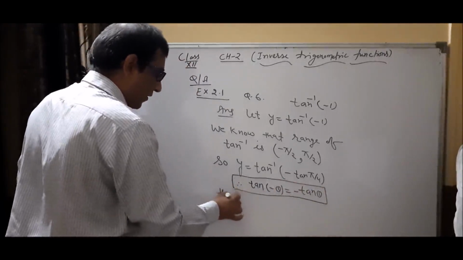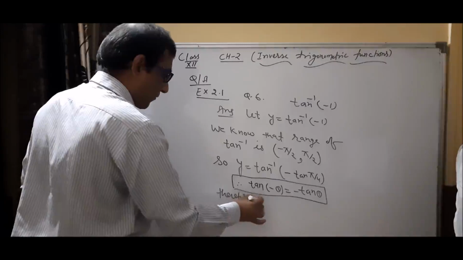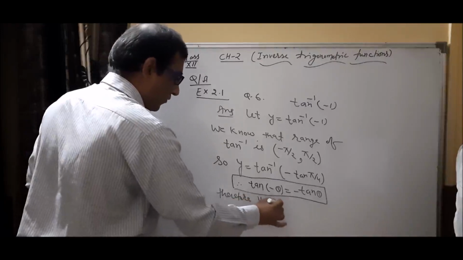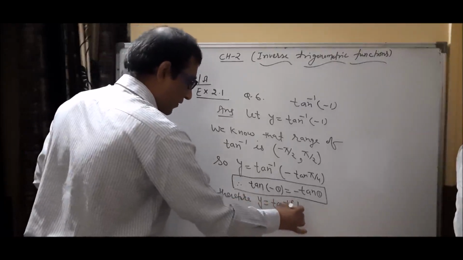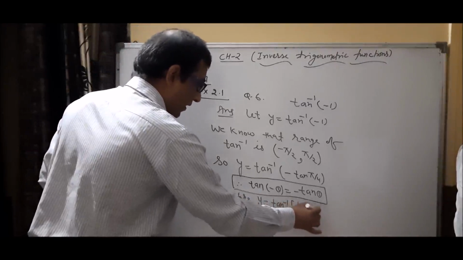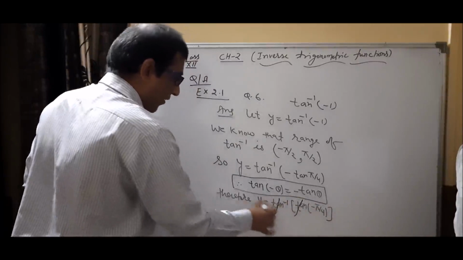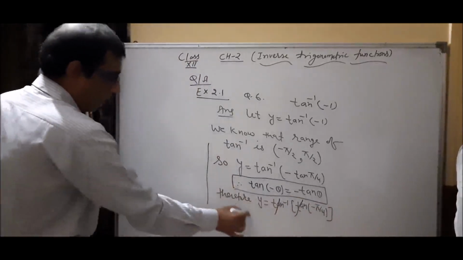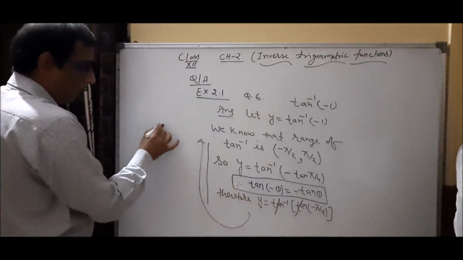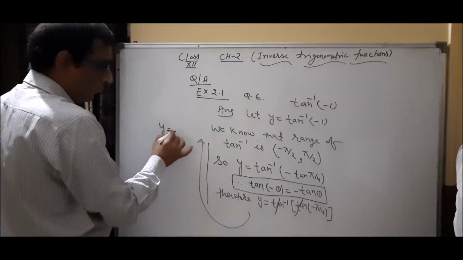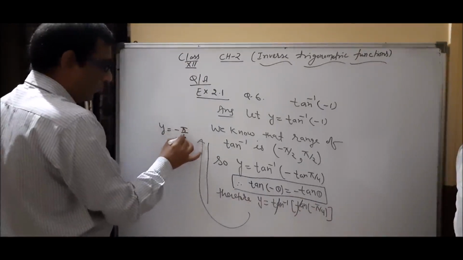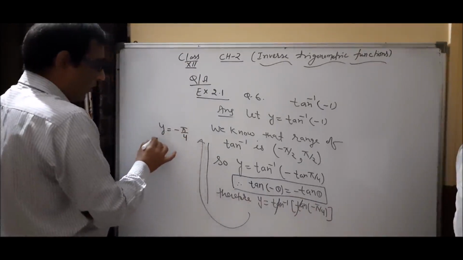Therefore, we can say y equals tan inverse of tan (minus pi by 4). So tan and tan inverse cancel, and we can say y equals minus pi by 4.